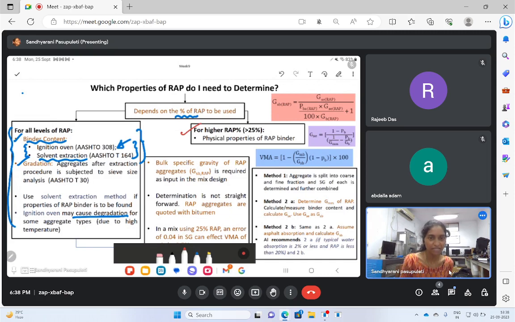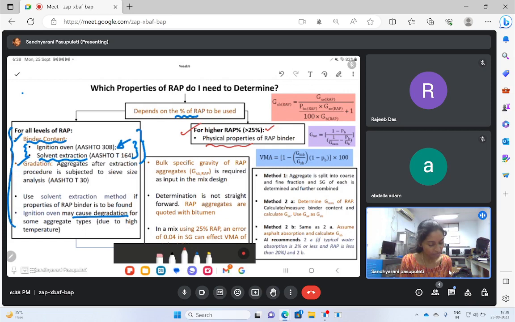Those blending charts require the physical properties of the RAP binder. So we need to perform the physical properties tests of the RAP binder. What are those physical properties? We will discuss that in upcoming slides.